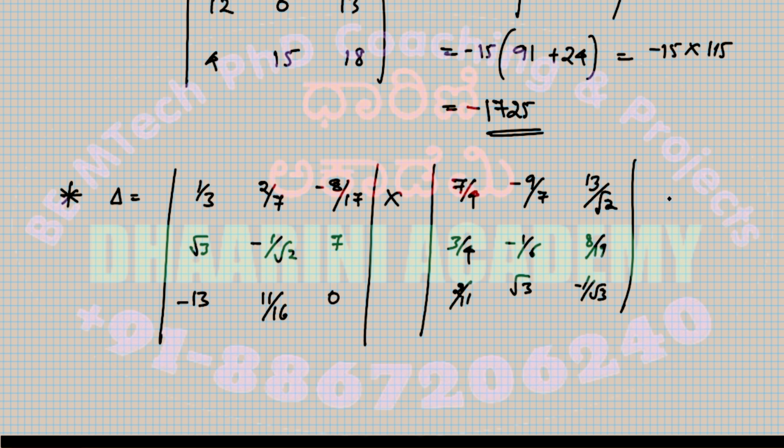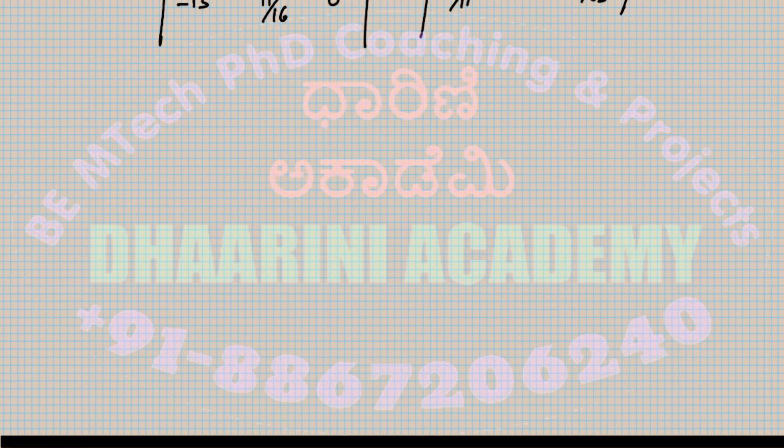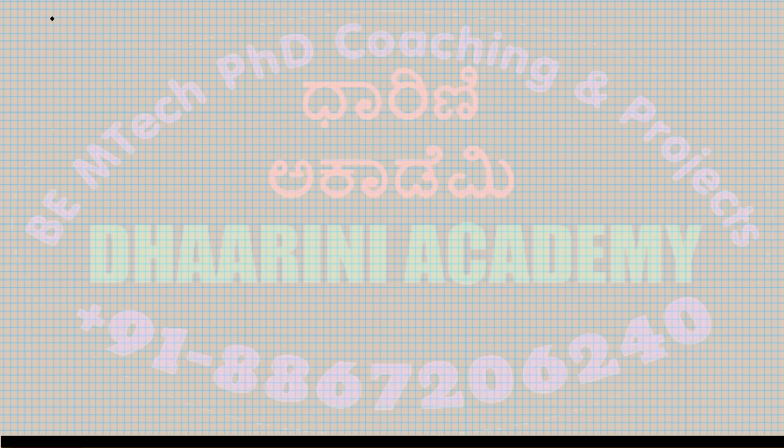So when we solve, we get the answer equal to 5.035, the product of the determinants. Okay, let's move further.